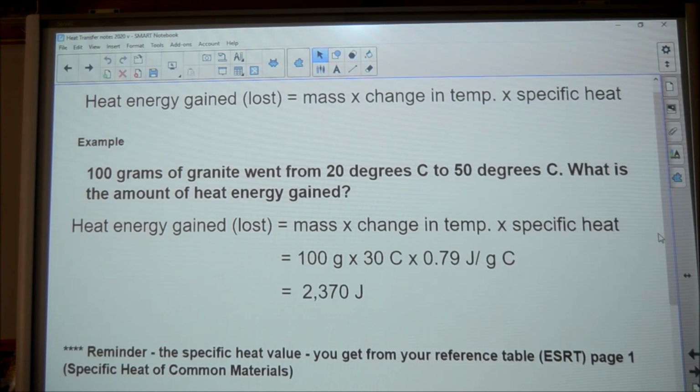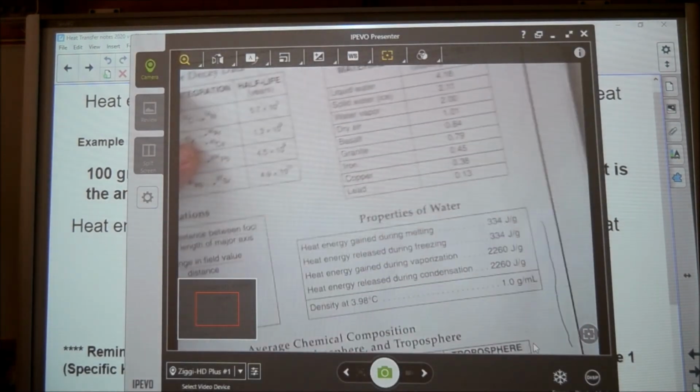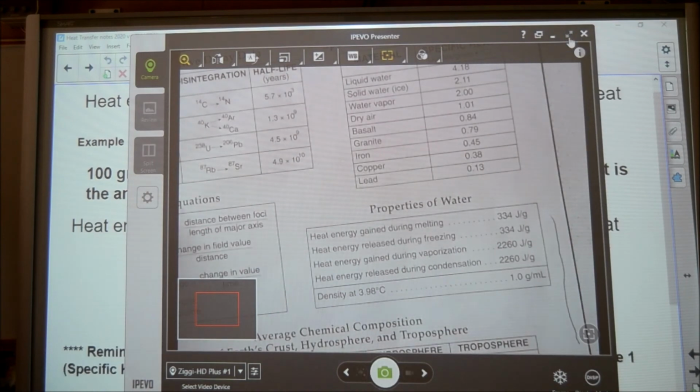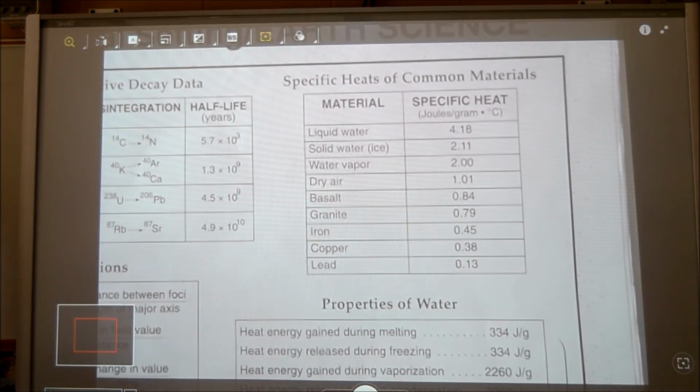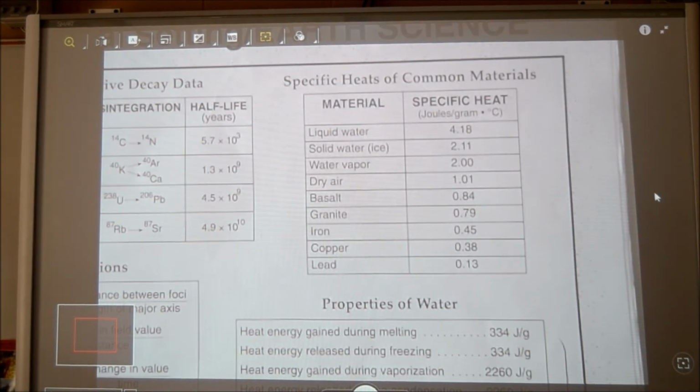Heat energy gained or lost equals the mass of the object times the change in temperature times specific heat. Now, I have to remind you, where do you find your specific heat? First page of your reference table, upper right hand corner.